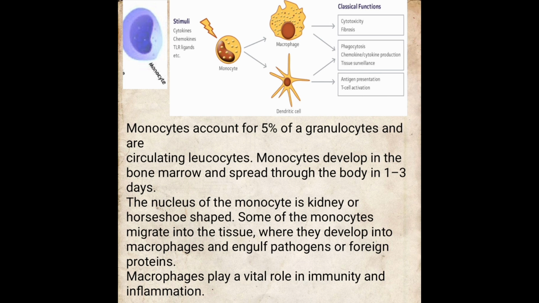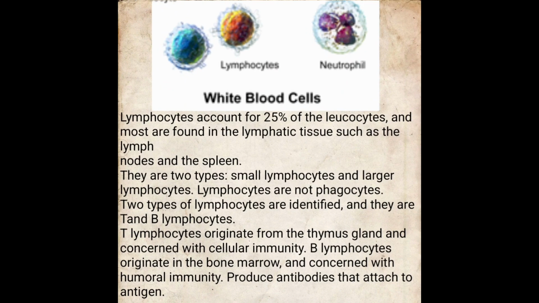The monocytes are the biggest. They constitute about 5%, and are also considered phagocytic granulocytes. I've spoken about them. Circulating leukocytes, you can see them around, and they are transformed to macrophages.